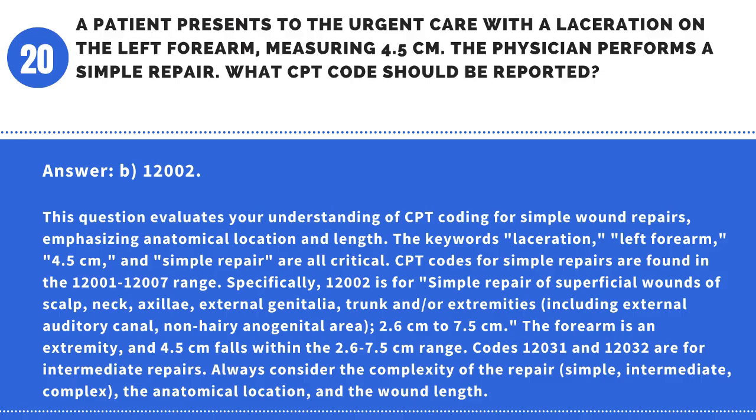The forearm is an extremity, and 4.5 cm falls within the 2.6 to 7.5 cm range. Codes 12031 and 12032 are for intermediate repairs. Always consider the complexity of the repair, simple, intermediate, complex, the anatomical location, and the wound length.